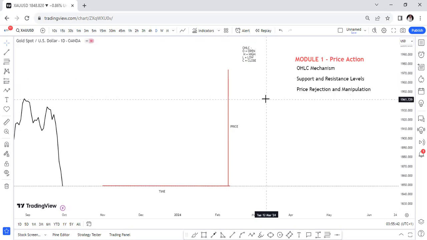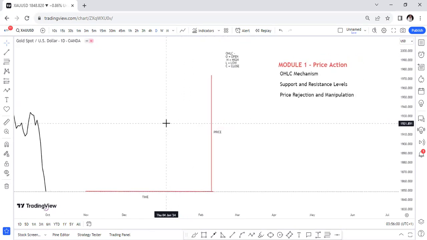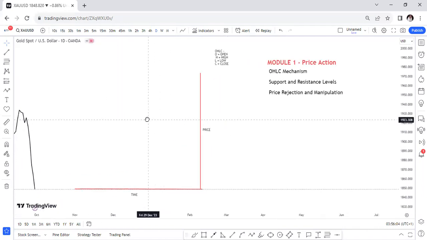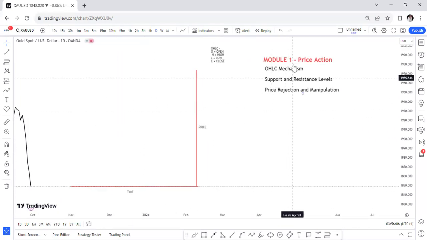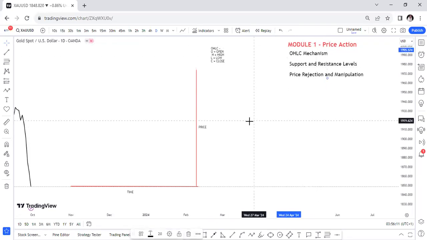So we go to the next, having gathered this information. Now, how does price move? You must understand the mechanism, the dynamics of price action along this chart, along these demand and supply paths.